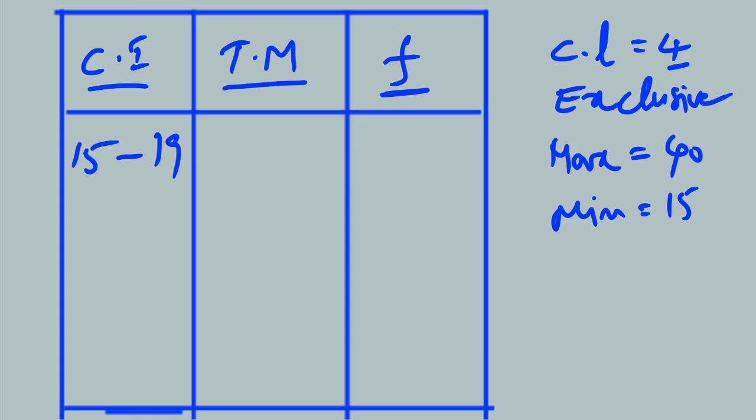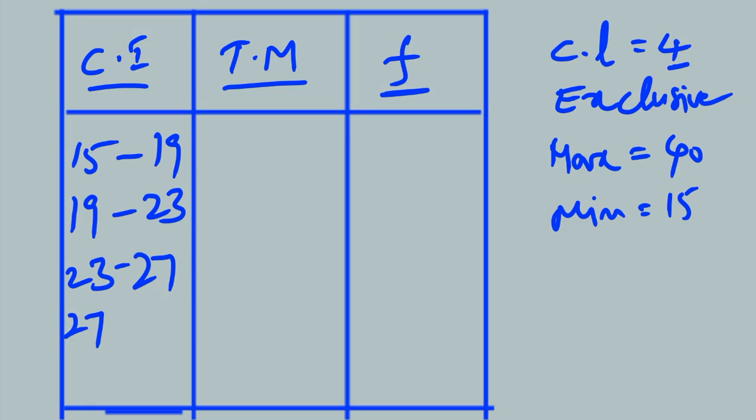But these are exclusive class intervals, so the second class interval starts with 19 only. 19 plus 4 is 23. Again we start with 23. 23 plus 4 is 27.